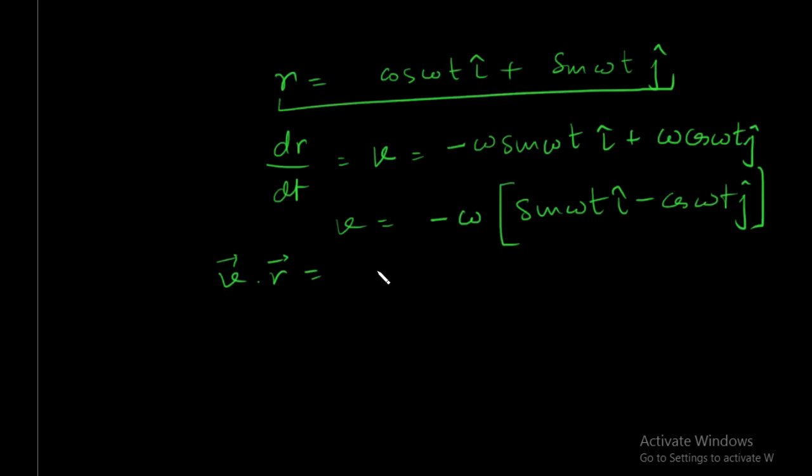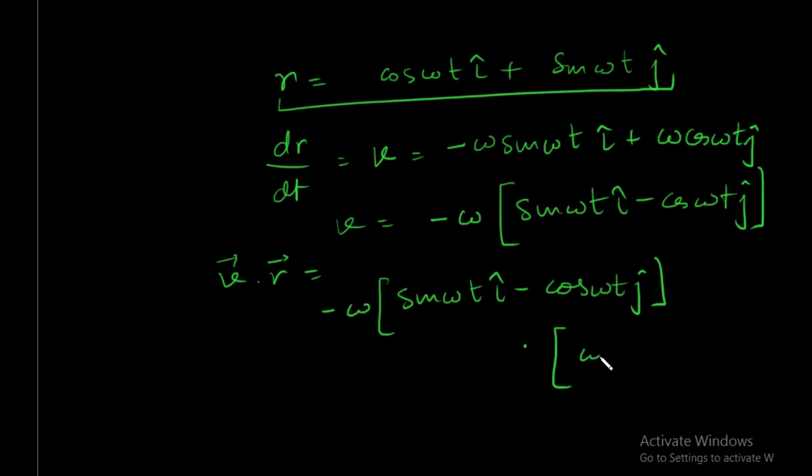Alright, so what will be v dot r? We just do the dot product of these two. We have minus omega sin omega t I minus cos omega t j, dot cos omega t I plus sin omega t j.